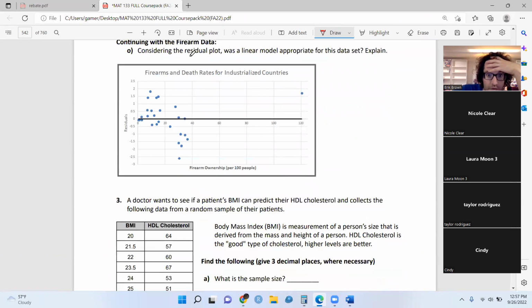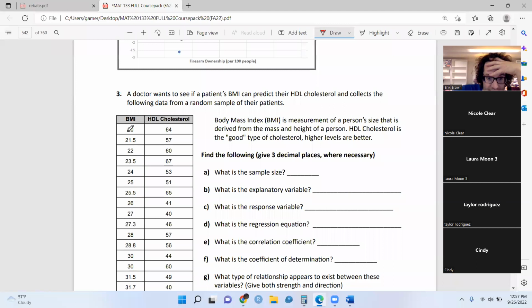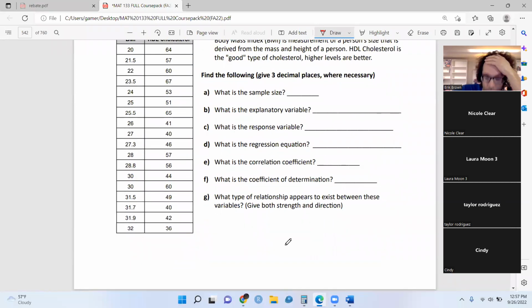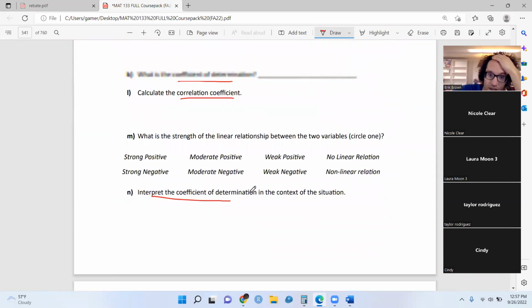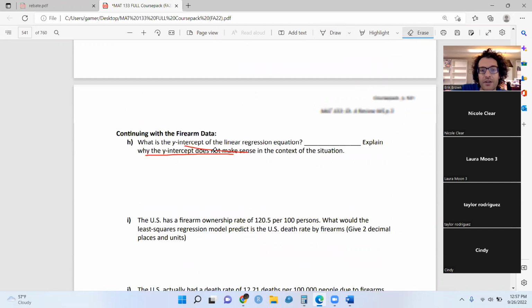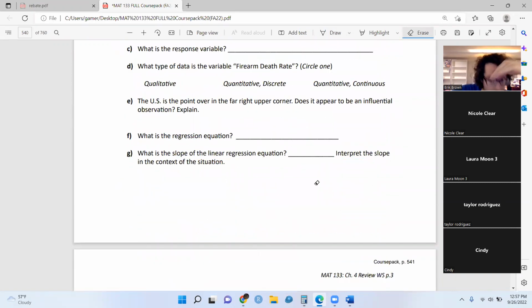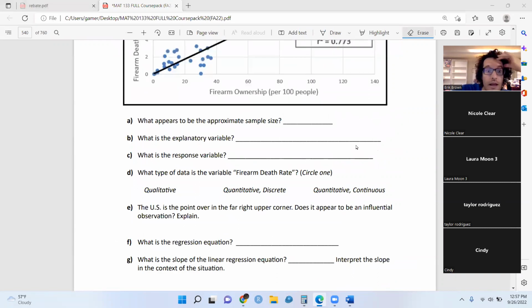Here's another graph of a residual plot. Here's another data set, find stuff, and write some relationships. I think this is a really good summary of everything you need to know from chapter 4. And I think this will be really good practice for you to sit down and see, can you do this without me or Cindy helping you?